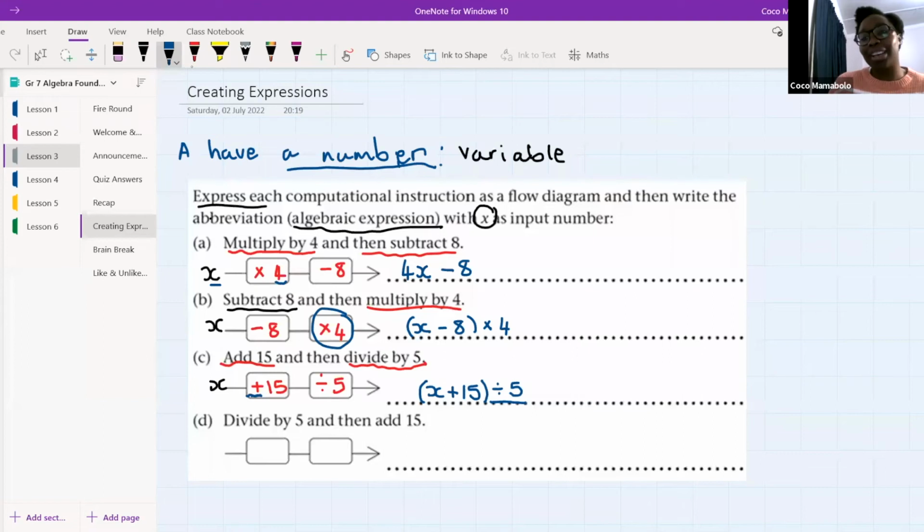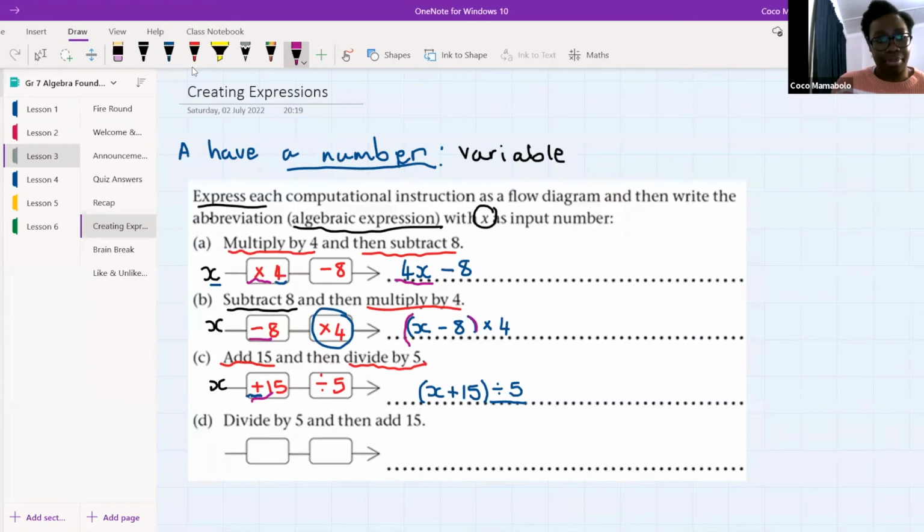I hope you guys have noticed that when I start with a multiplication, I don't put brackets. But when I start with subtract or add, I put brackets.